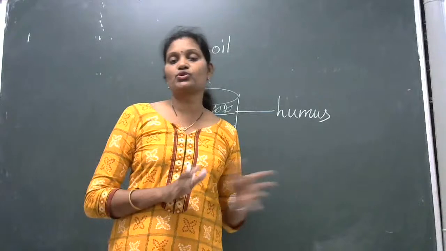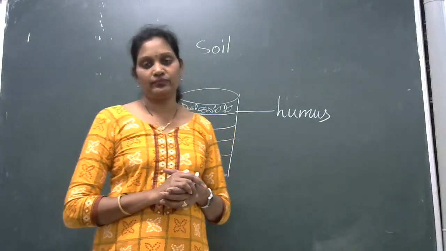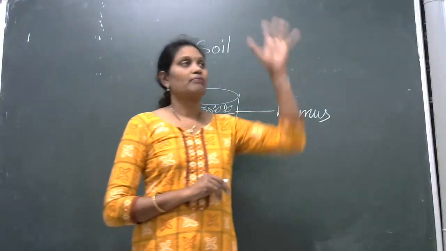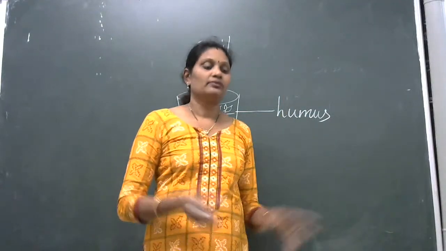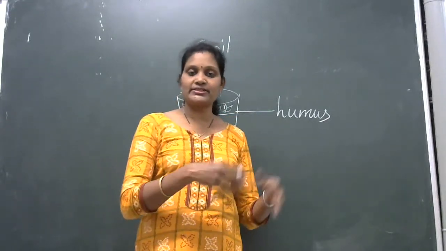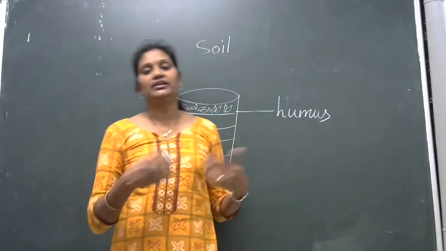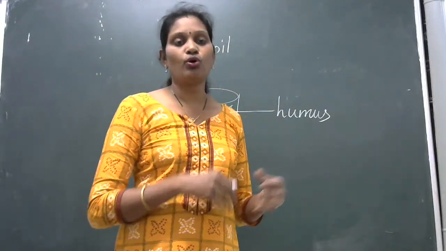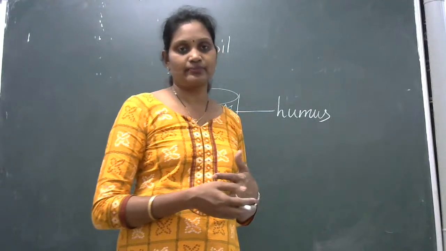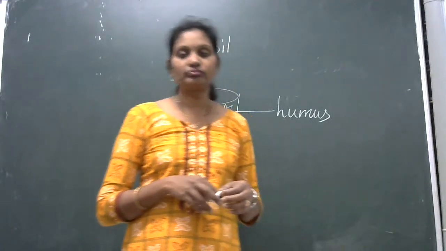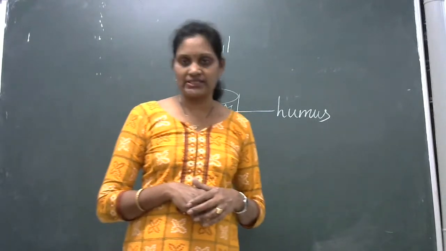There are a lot of nutrients for plants in the topmost soil because the rain water comes, then the leaves and the parts of the plant, the dead remains, they start decomposing, and the soil becomes more and more porous. When microorganisms live inside the soil, the soil is porous.